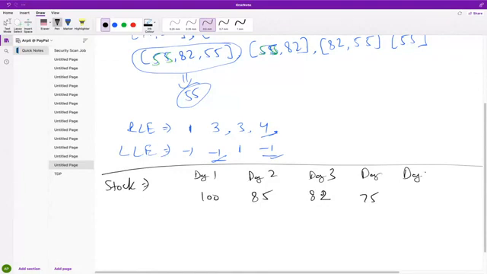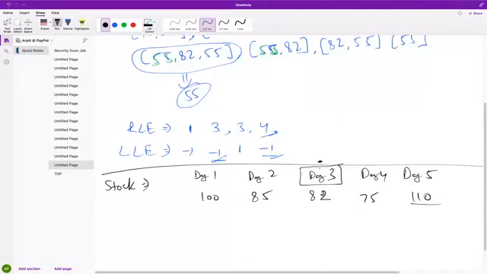And day five, the price was 110. In the question they were asking, you choose any of the days, like day three. After choosing that day, you have to go backwards from that element and find where the price was lesser or equal.